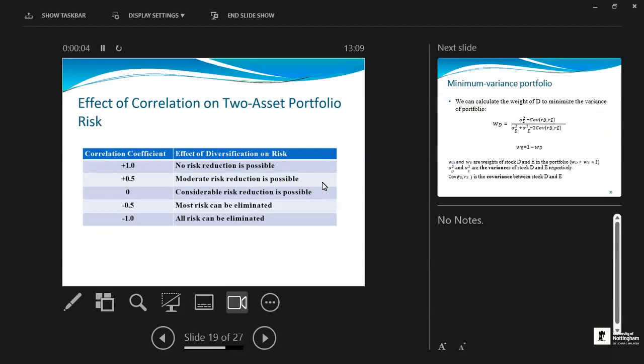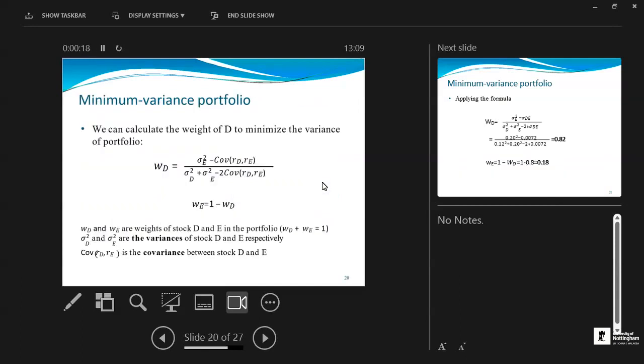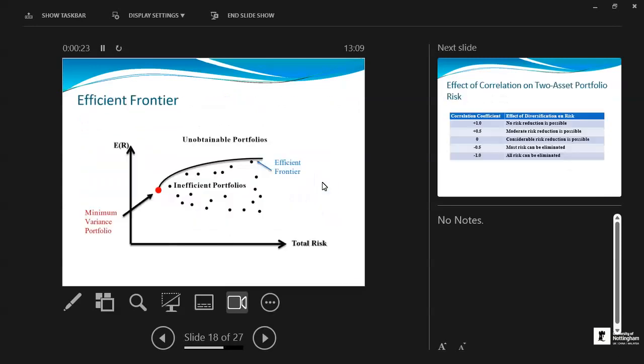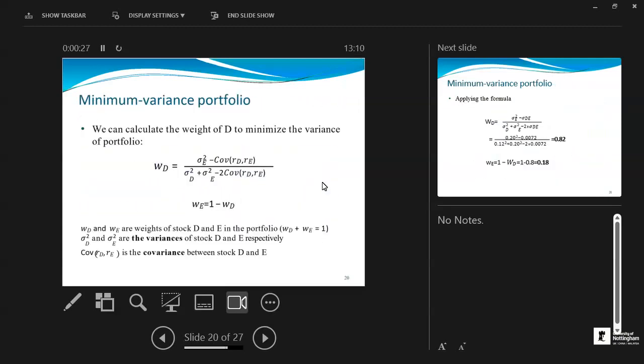Okay, good. So we have seen how correlation affects the portfolio return and risk. The effect of diversification would be greatest when the two assets are negatively correlated. Now, I briefly defined the minimum variance portfolio, right?